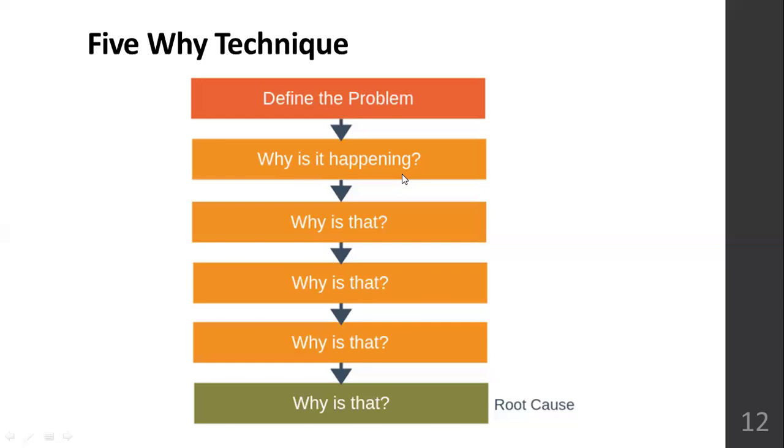By the fifth why question, the root cause is evident to you. In some cases it may take more than 5 whys, in some cases less, depending on the depth of the problem. But on average, by the fifth why, your root cause is evident.